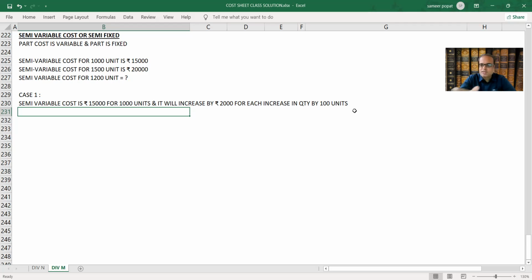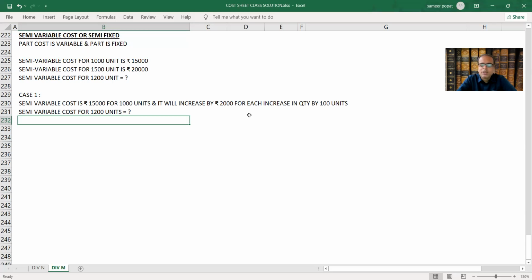So if quantity increases by 100 units, automatically your cost will increase by 2,000. Suppose we need to find semi-variable cost for 1200 units. So here they have straight away given us the information about the behavior of semi-variable cost, how it is going to change depending on the change in quantity.